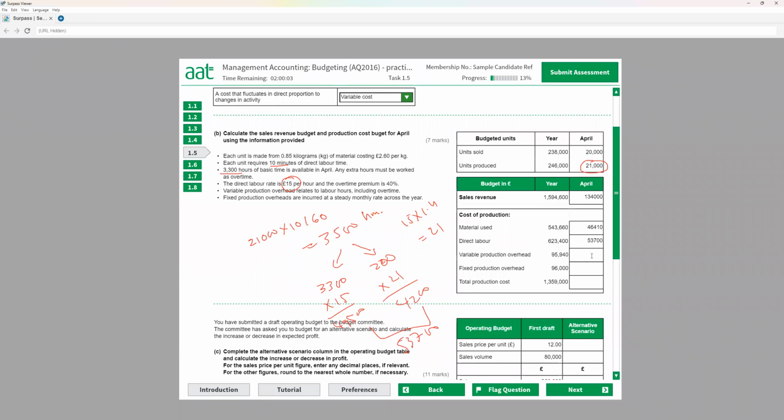All right, variable production overhead, they said just follow the direct labor. So it means it's a variable cost, so you just need to use the variable cost format. You can see here our variable cost for the variable production overhead for the whole year for 246,000 units is 95,940.